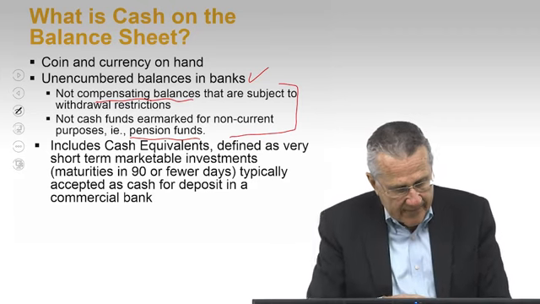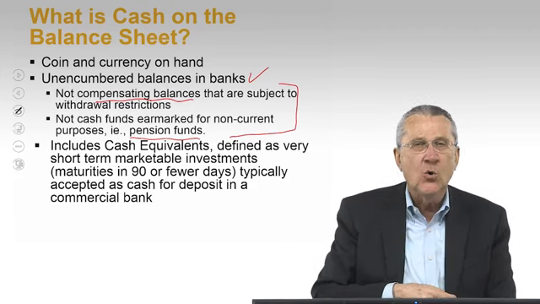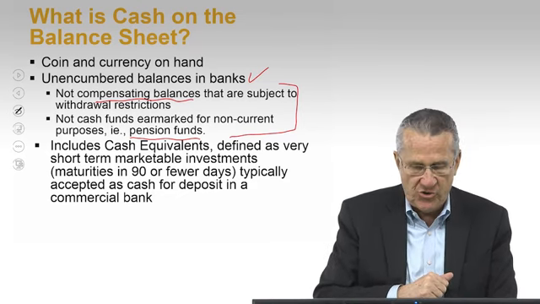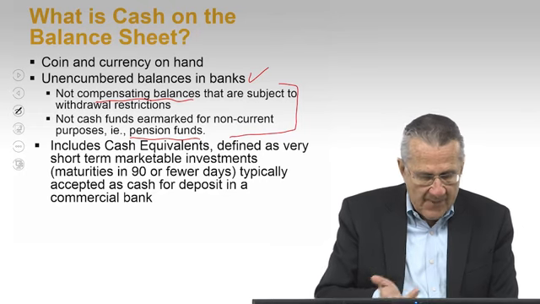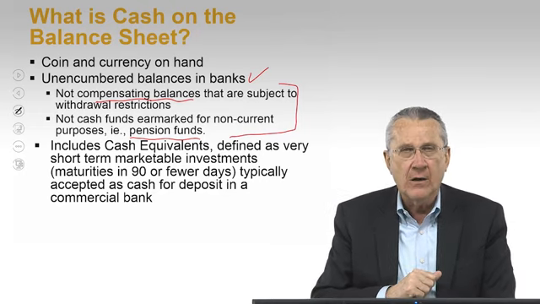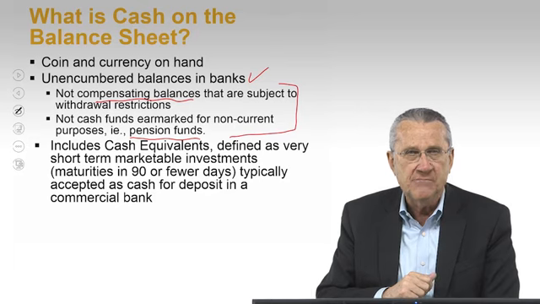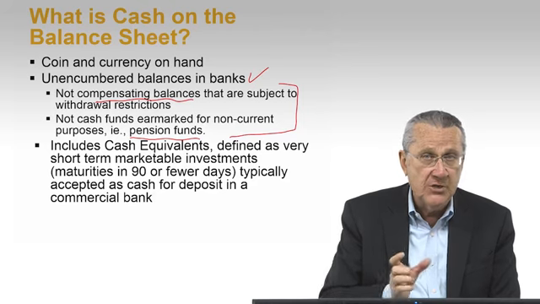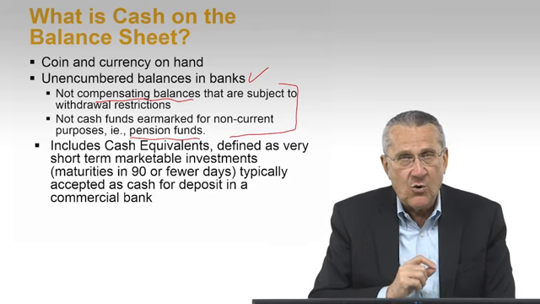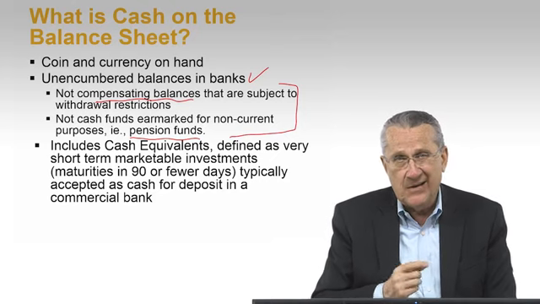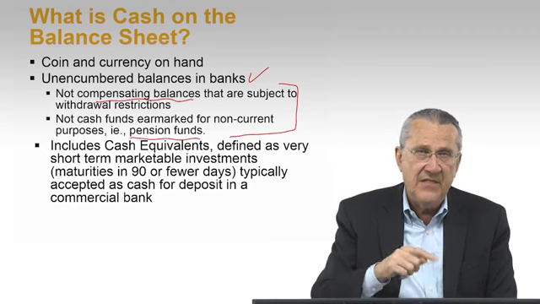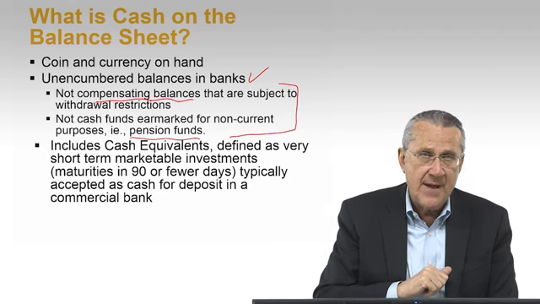Now, on the other hand, we will treat as cash equivalents, and therefore allow to be treated as cash, some items that are short-term marketable securities, marketable investments, typically with very short maturities, very high-quality securities that a commercial bank will accept at face value, and then they will proceed to collect the amount.